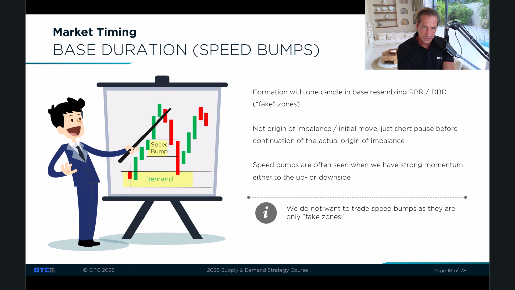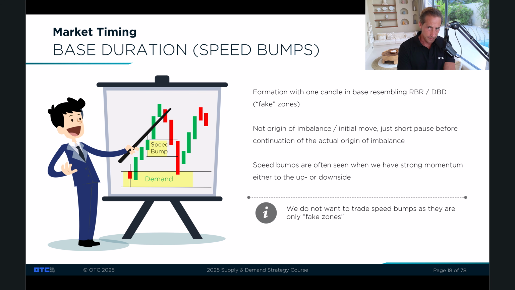Now, in just a minute, once I go into the real charts, I will show you 2 or 3 examples of speed bumps to clarify it more practically.